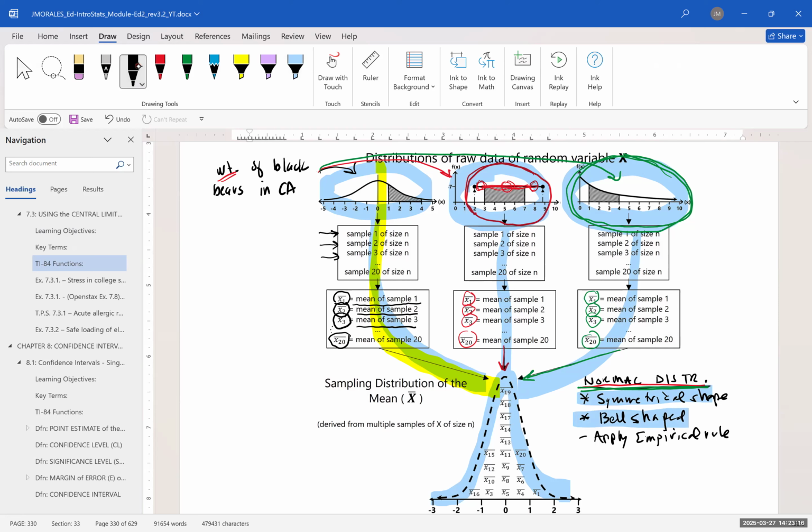And again, I like to refer to it as the distribution of sample means. And that's kind of what I call capital X bar. But other textbooks will instead call it the sampling distribution of the mean.